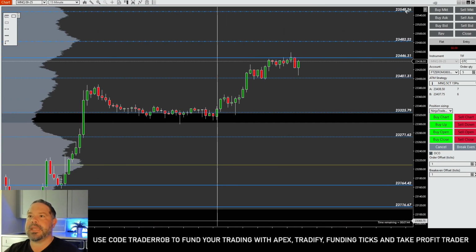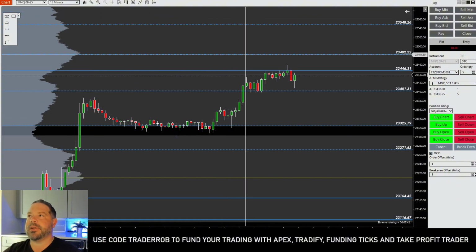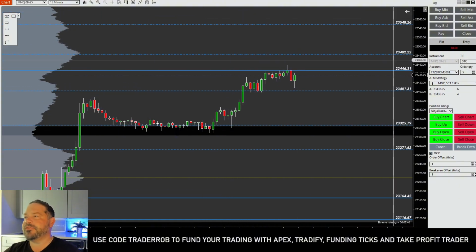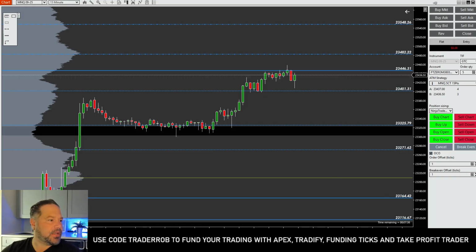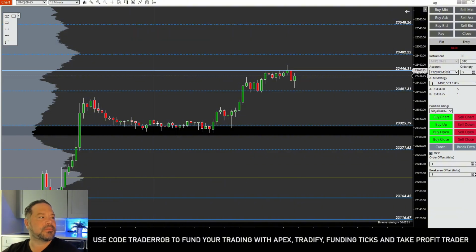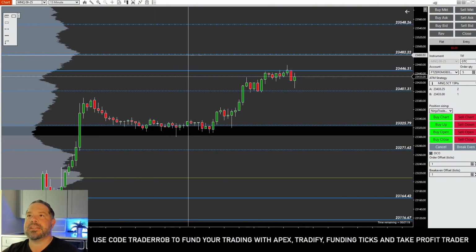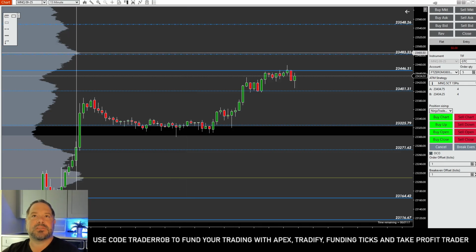All right, so we had a level we marked out yesterday right here at the 23,482. Let's see what Bookmap is telling me here. 482 hasn't really established itself yet at all. Not much is sitting here, which is a little strange.